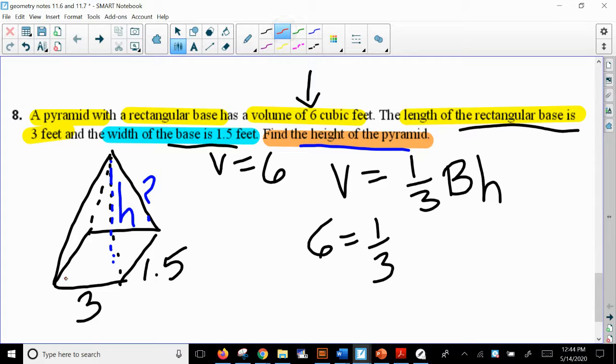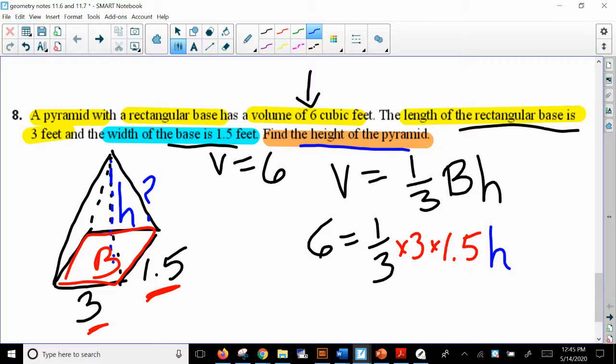Big B would be 3 times 1.5. But I don't know the height, h. You feel me? I'm doing the formula. I know everything in the formula except h.